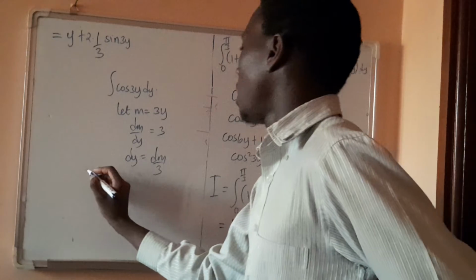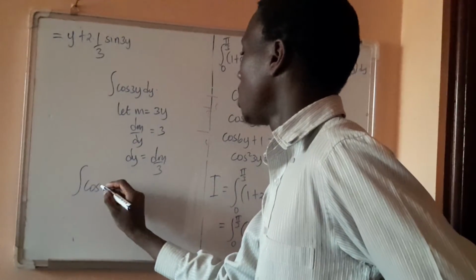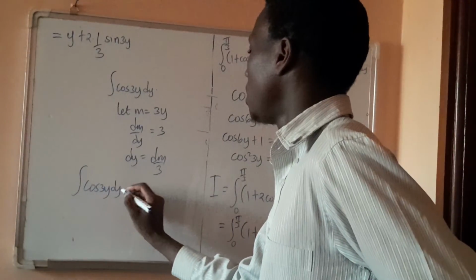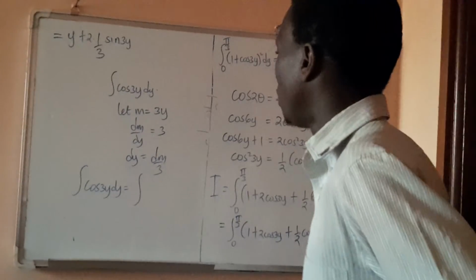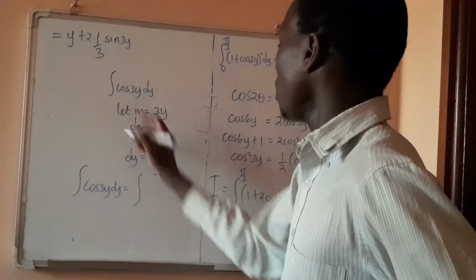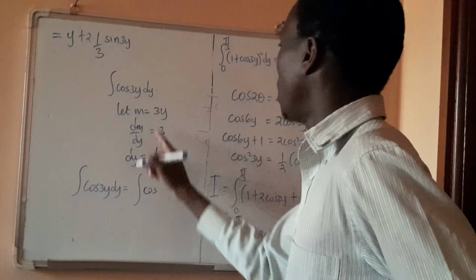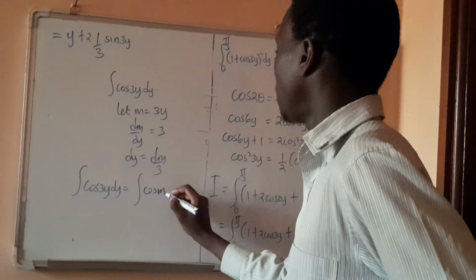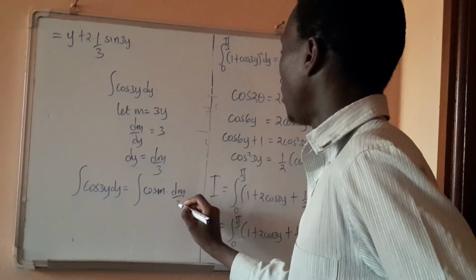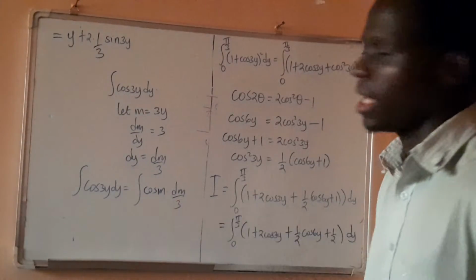Now substitute back. The integral of cos 3y dy is equal to the integral of cos m times dm over 3, since dy is dm over 3.